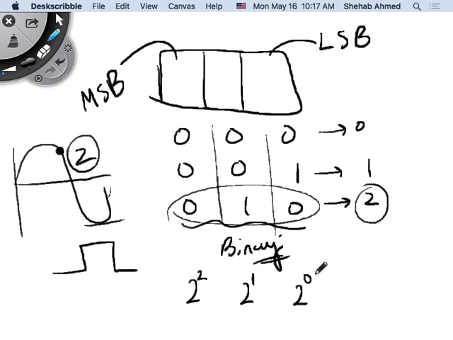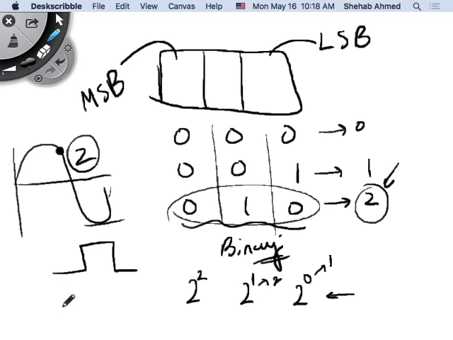2 to the 0 is 1, and 2 to the 1 is 2, right? So let's look at it starting from the right to the left side. I want to construct 2 decimal, convert it to binary. How would I do that?